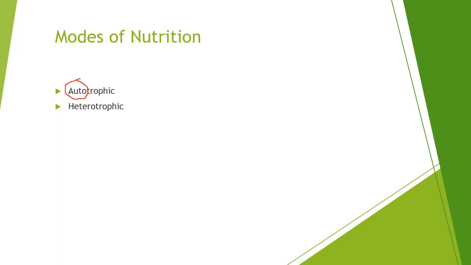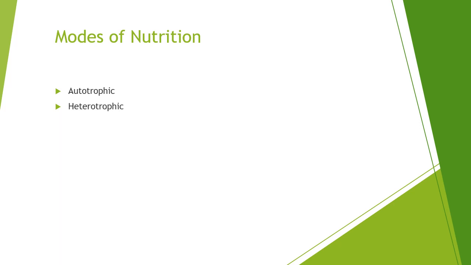Auto means self, and it means the plant creates food on its own. And remember, the food is created in the leaves of the plant, and the leaves should be green in color. They should have the green pigment. So when the green leaves of the plant make food on their own, this plant is known as the autotrophic plant.